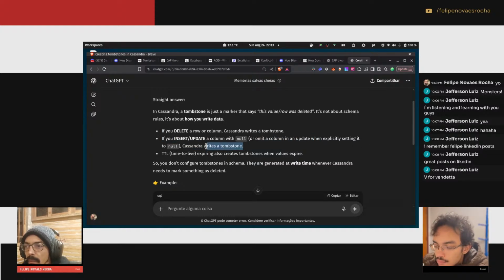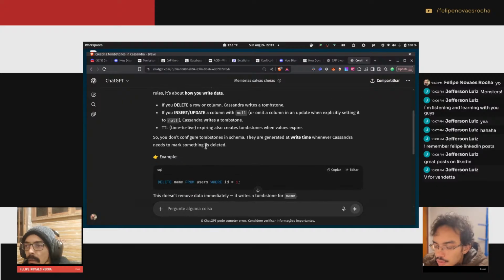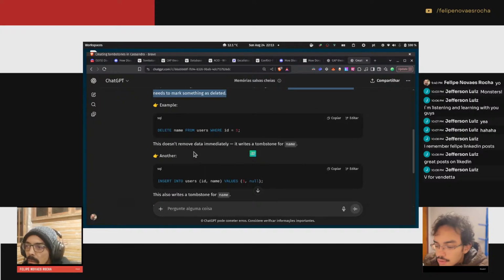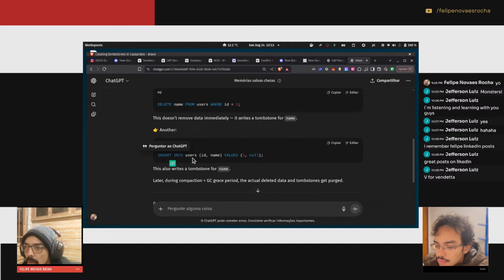So they write a tombstone by column? What the hell? So you don't configure a tombstone in the schema, they are generated at write time to mark something as deleted. Right. So here, for example, insert user ID with name null. So the tombstone here is going to be for name only.